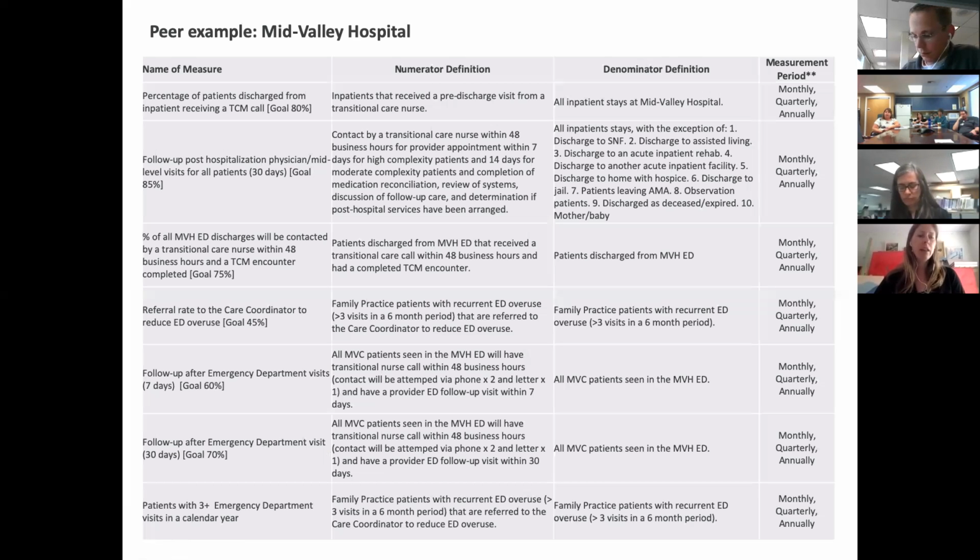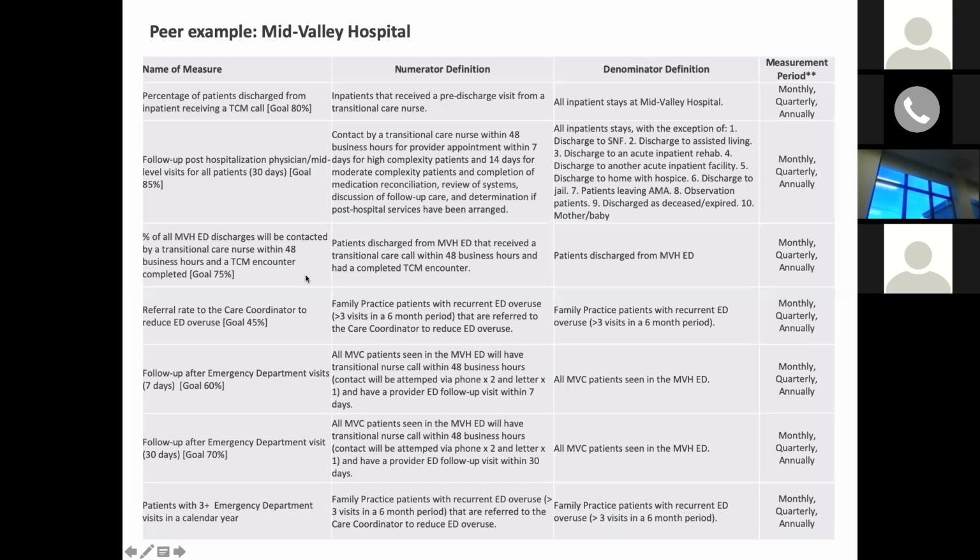When it comes to defining measures, in this example on the left, the name of the measure is where the conceptual definition is. Percentage of patients discharged from inpatient receiving a TCM call is an example of a conceptual measure. The operational definition includes the numerator and denominator.